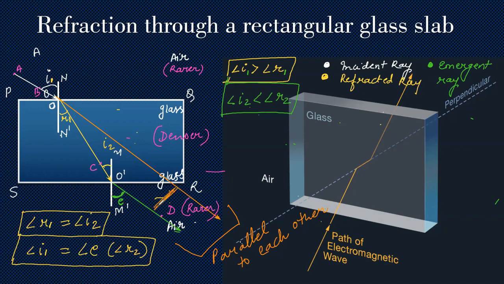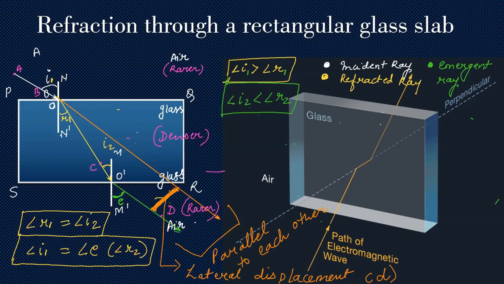This gap is called lateral displacement, and it is also denoted by D. So this is how refraction through a rectangular glass slab occurs.